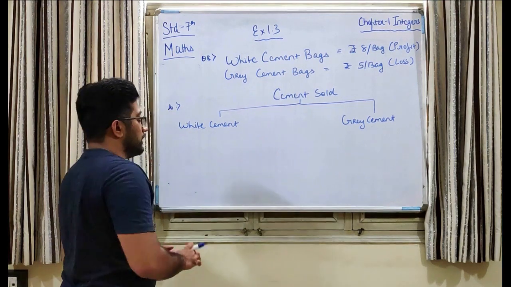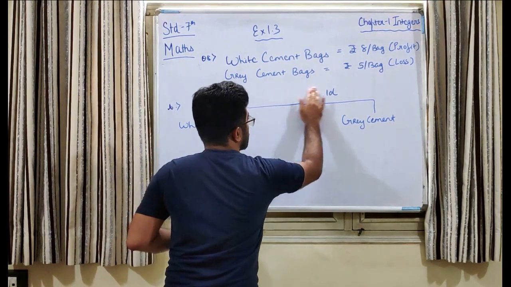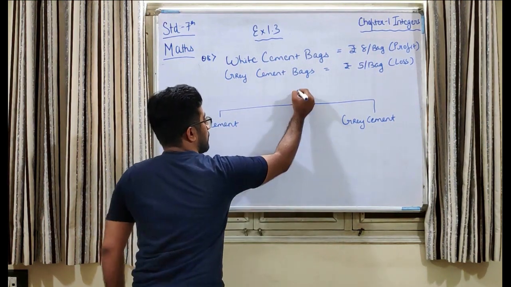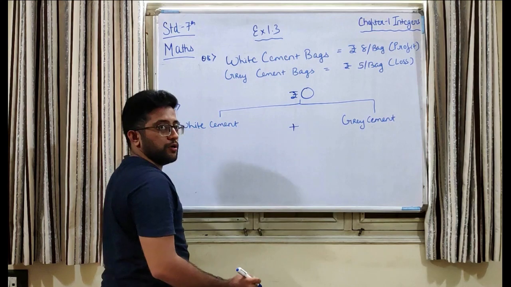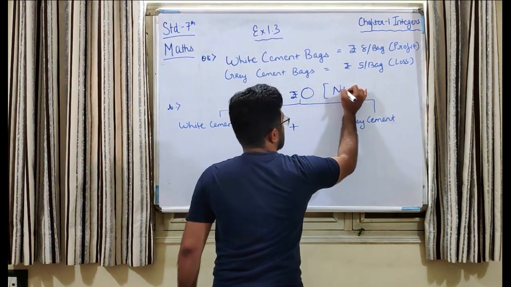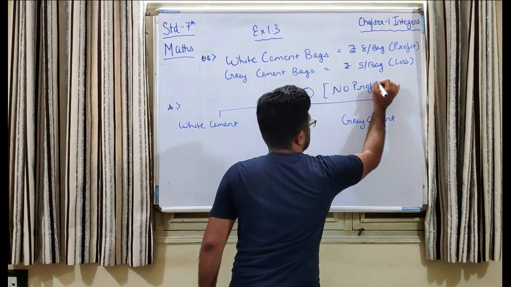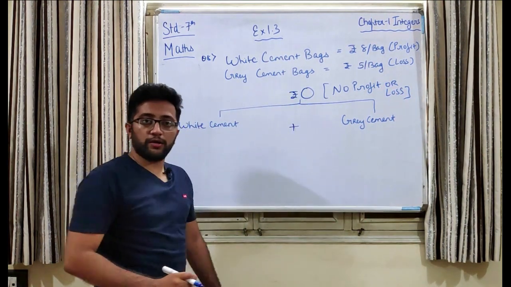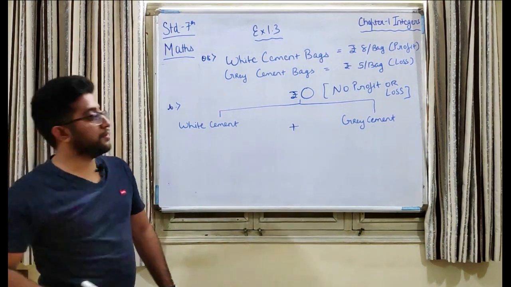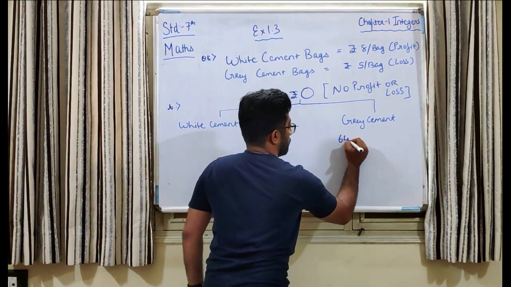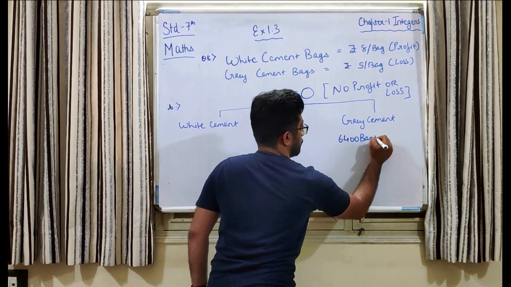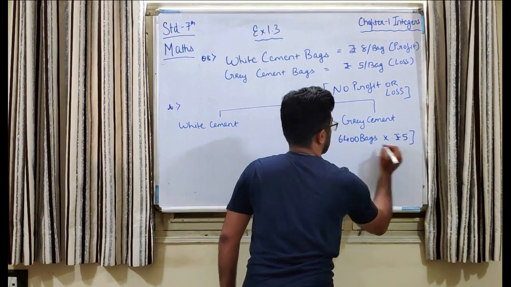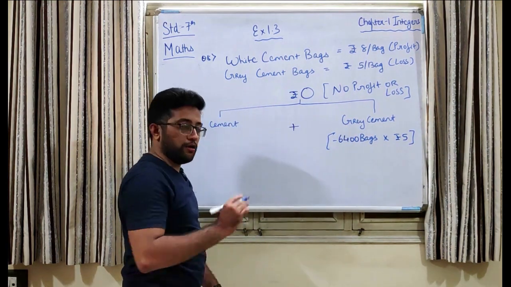So just let me give you a clear idea: on selling of this and this, they want to earn rupees 0, which is nothing but a no profit or loss situation. Okay, in the question it is given that 6400 bags were sold. So for each bag rupees 5 is incurred, loss.